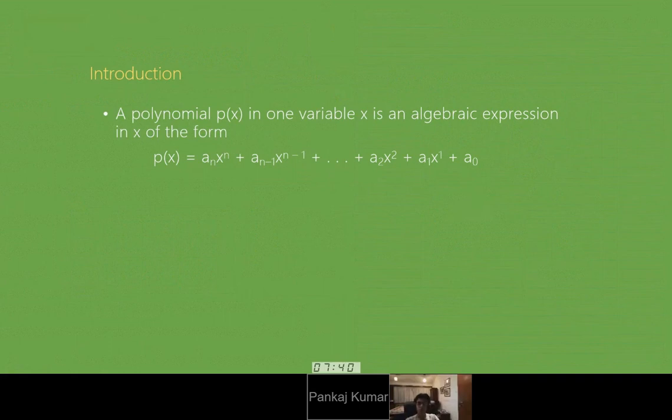Remember this from the ninth class? You can write it.